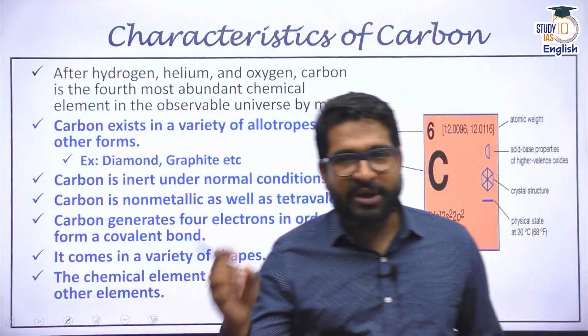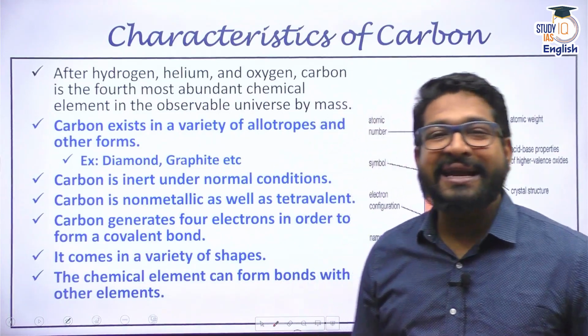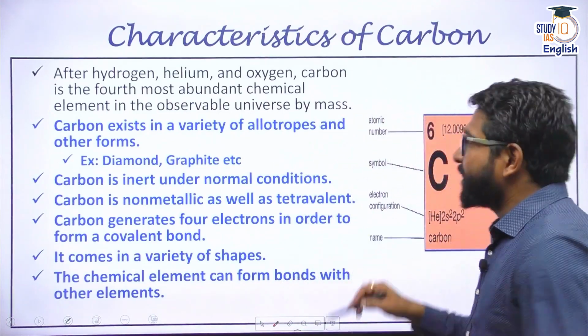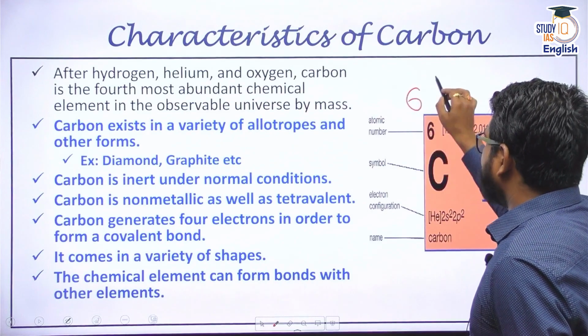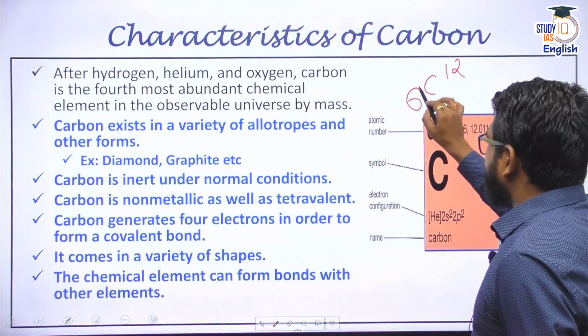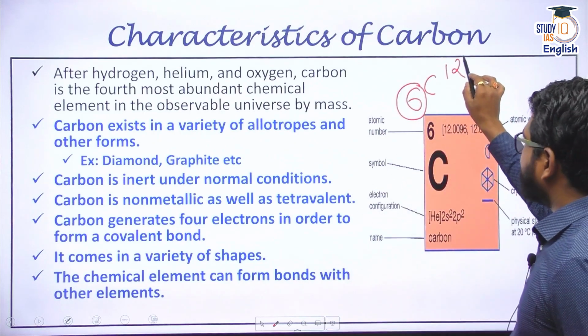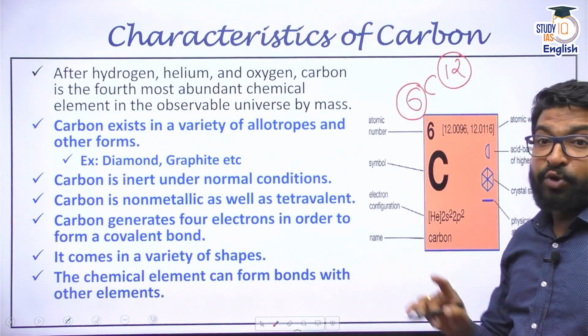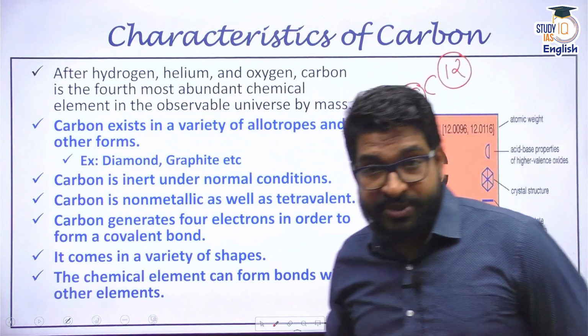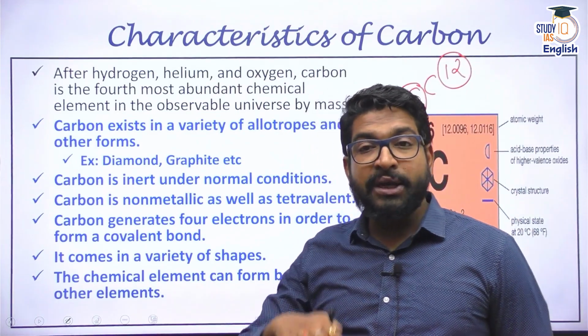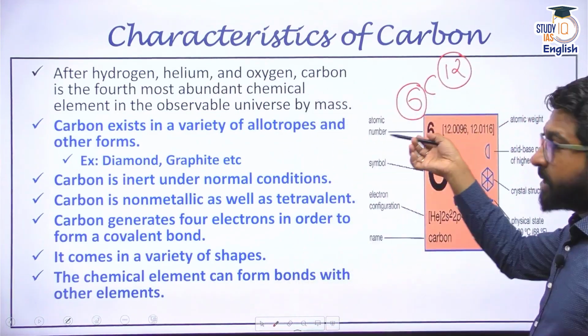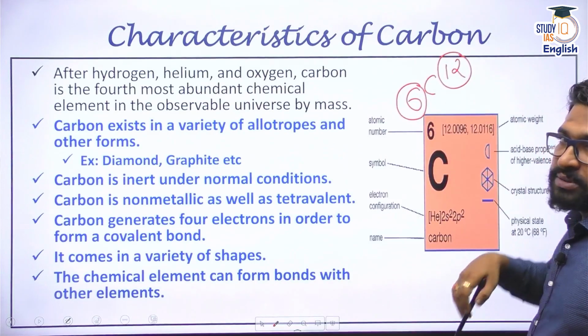So let's talk about carbon. All right, what are the characteristics of this carbon? First of all, carbon, we represent it like this. That means carbon has atomic number of 6. It has atomic mass of 12. We have already discussed the isotopes. I've told you that carbon is present in different isotopes. One is 6C12, that means carbon 12.